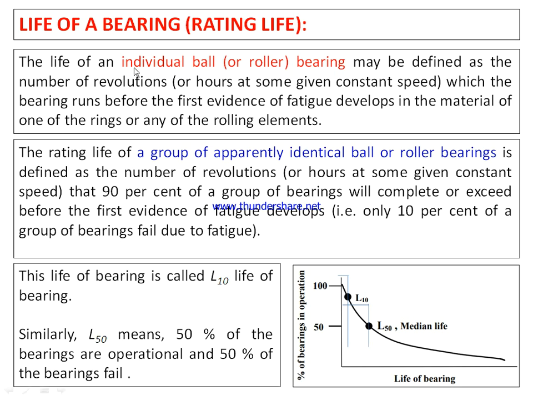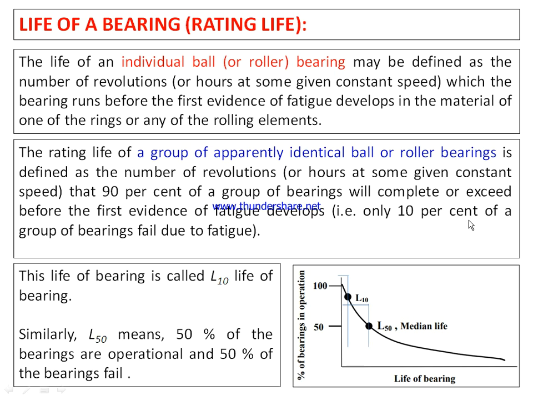That first evidence of fatigue marks the life of the bearing. Also, the rating life of a group of apparently identical ball or roller bearings is defined as the number of revolutions or hours at a given constant speed that 90% of a group of bearings will complete or exceed before the first evidence of fatigue develops.